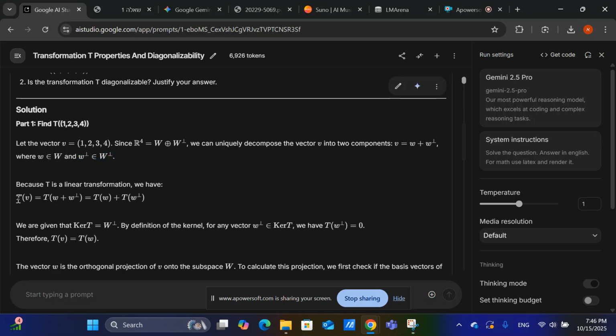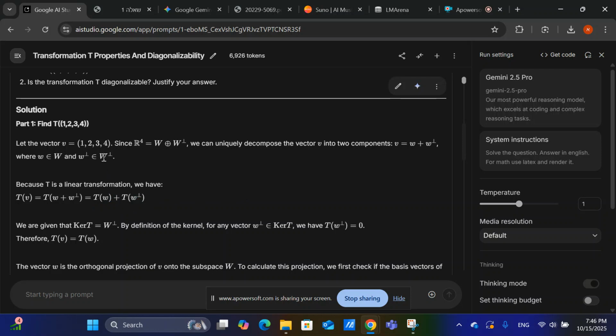Therefore, we can say that TV, which is exactly what we want to calculate, is equal to T of the sum of the two vectors that we created. Instead of V, we will write W plus W complement. Therefore, because of linearity, additivity if you want, we can write it as TW plus TW complement.